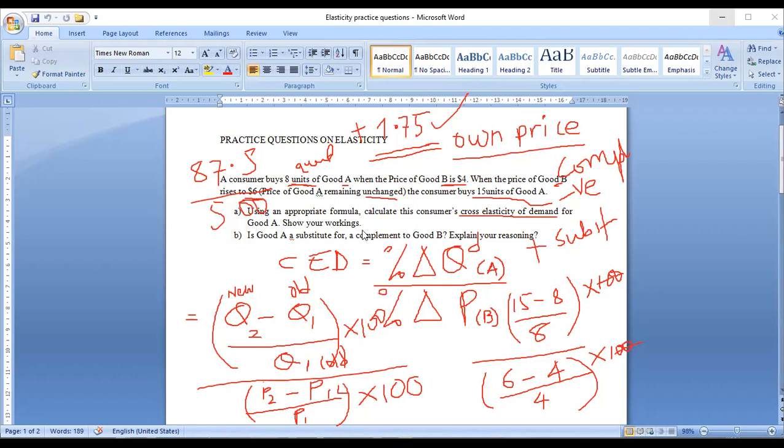For example, when we say Omo and Ariel, you just say both goods are substitutes. Colgate and Close-Up, both goods are substitutes.